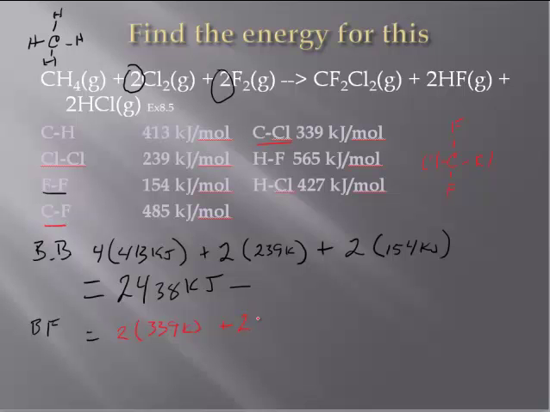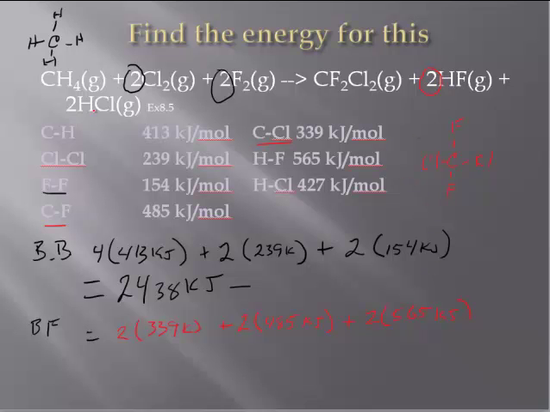Plus 2 times 485 kilojoules. And then I've got an HF bond, but again, we've got to focus on that. There's 2 HFs. So I've got 2 times 565. Can you see how much energy is involved in making these bonds? That's a lot of energy, right? So I can already tell that this is going to be an exothermic reaction. We're having a surplus of energy.